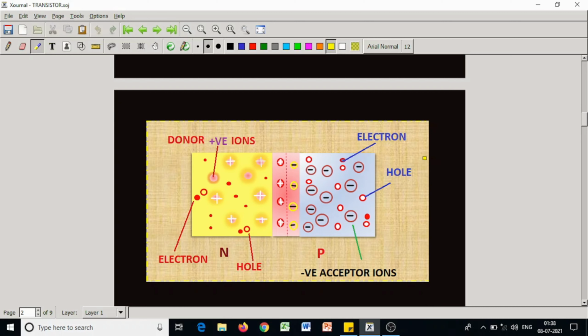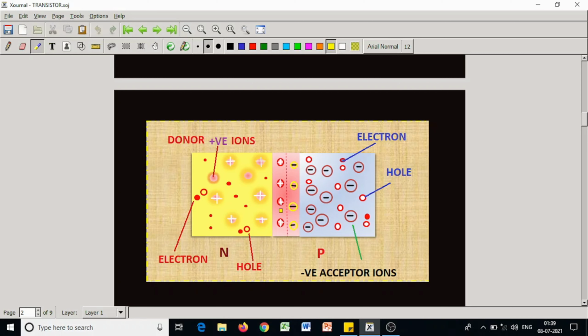When a p-type and an N-type semiconductor are joined together, the abundant electrons, the red balls are electrons here, in the N side flow towards the p side, leaving positive donor ions in the N side, and the abundant holes, these are the holes, flow towards the N side, leaving negative acceptor ions in the p side.